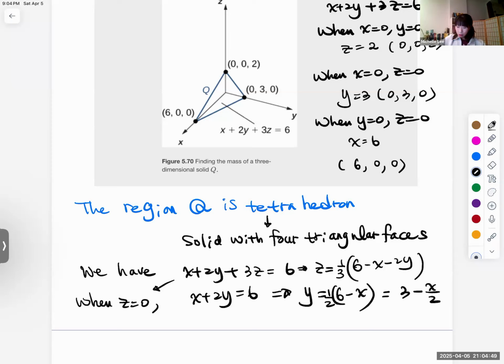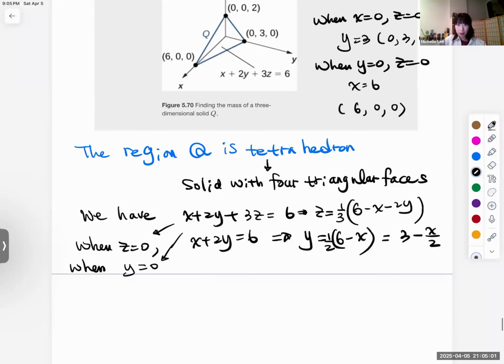All right. Now, when y equal to 0, from this equation, x plus 2y equal to 6, then x equal to 6.